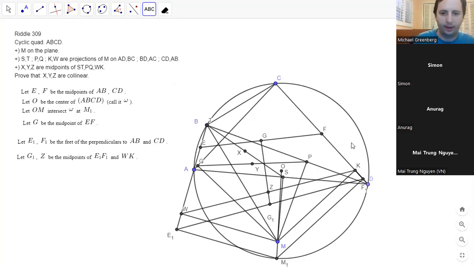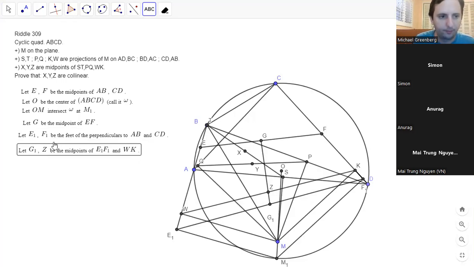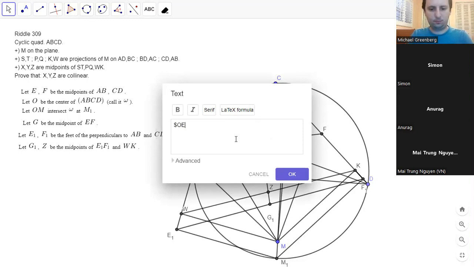So then we have OE is parallel to WM to E1M1.